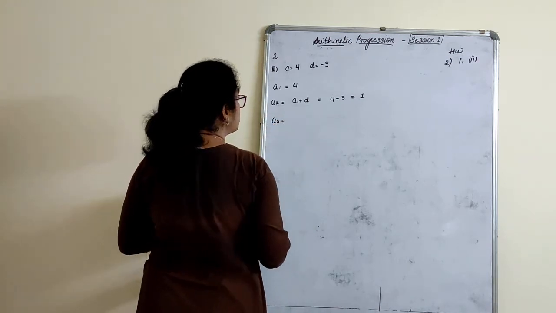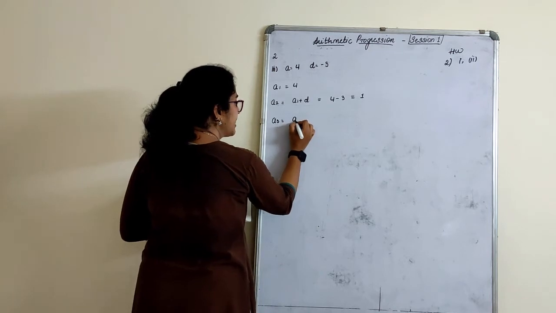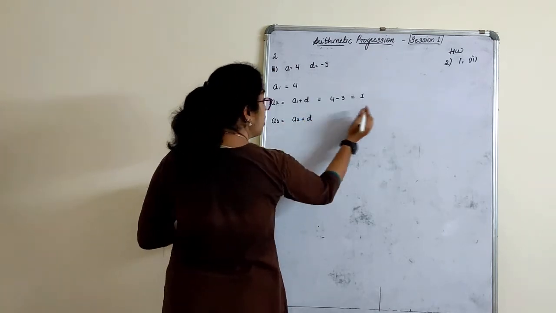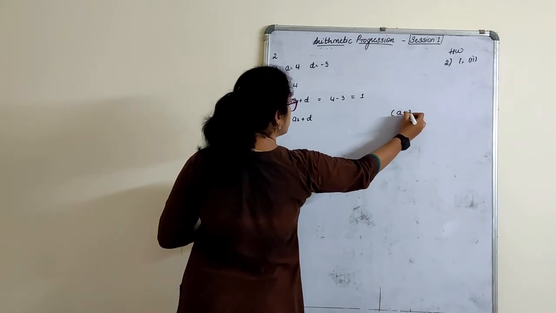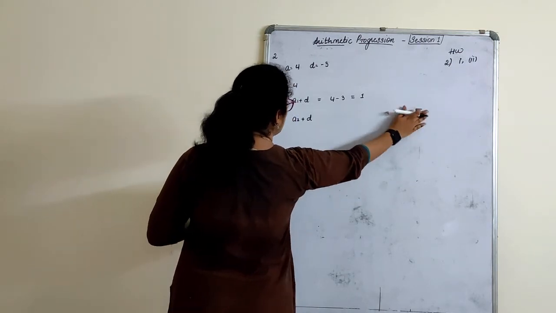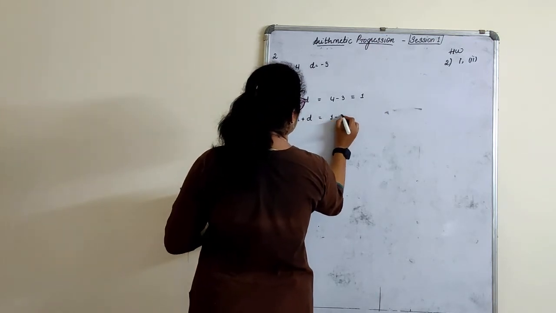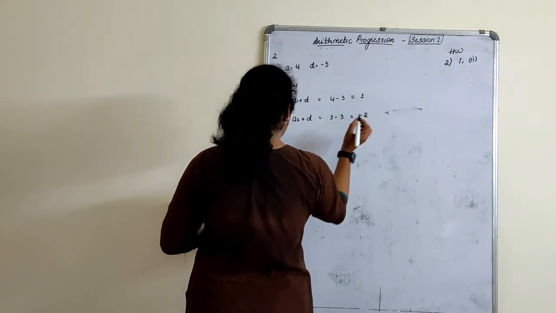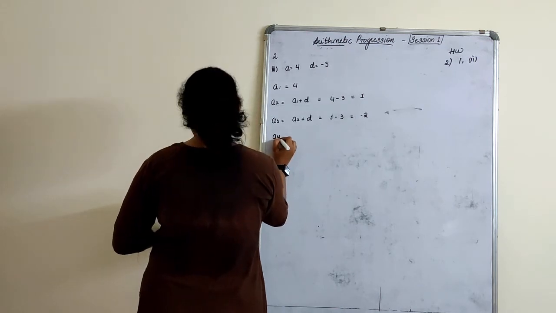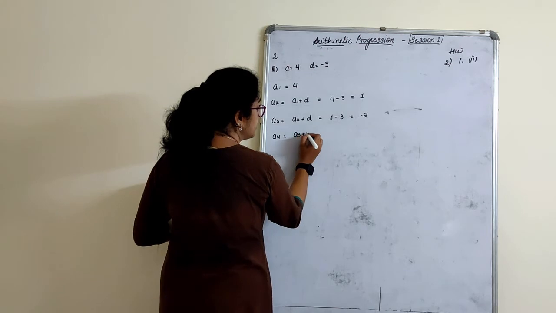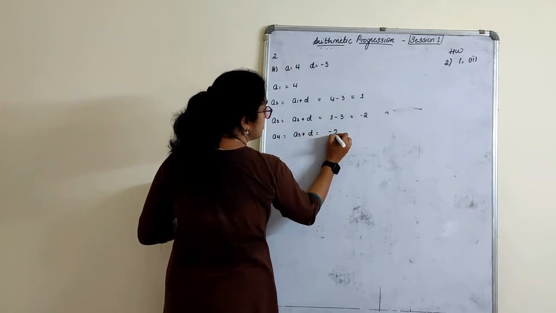Next one, third term. How can we write a3? I can say a2 plus d. Very simple. Or it is a plus 2d again. Up to you. However you want, you can write it, adding the preceding term to it. So 1 minus 3. Answer is -2. Last, fourth one. How do you find the fourth term? Preceding term plus common difference. What is the preceding term? -2.